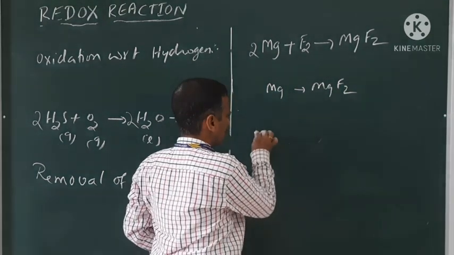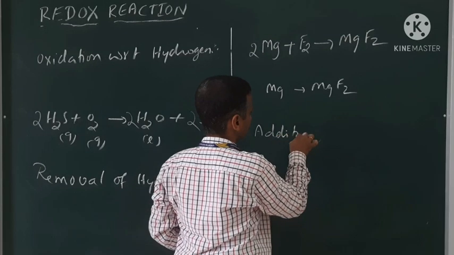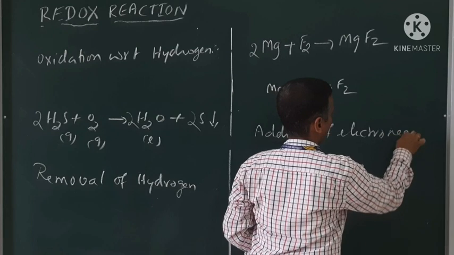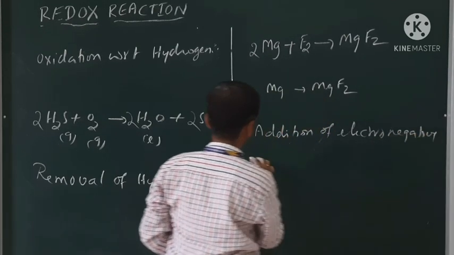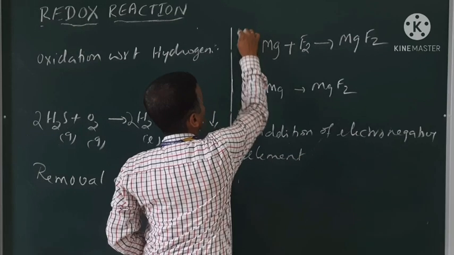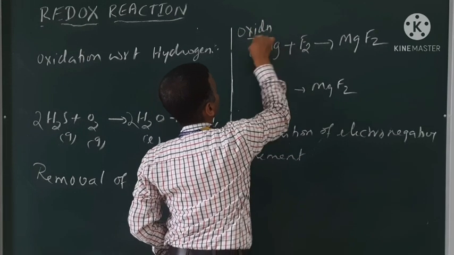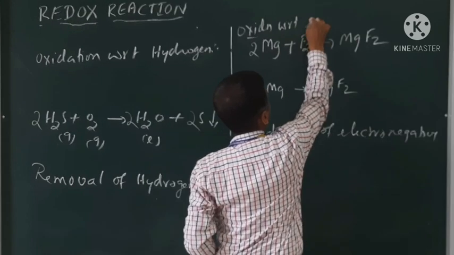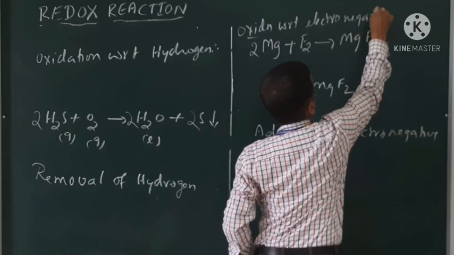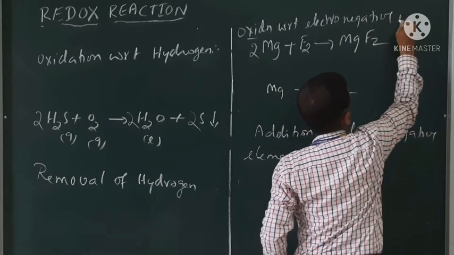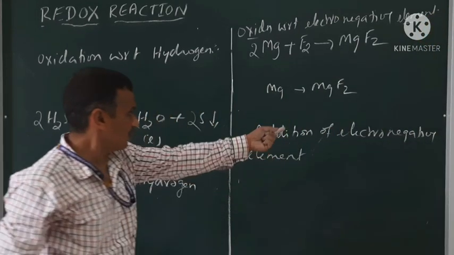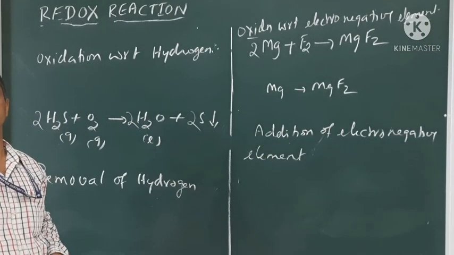So addition of electronegative element is oxidation only. So oxidation with respect to electronegative element, that is addition of electronegative element is the oxidation process only.